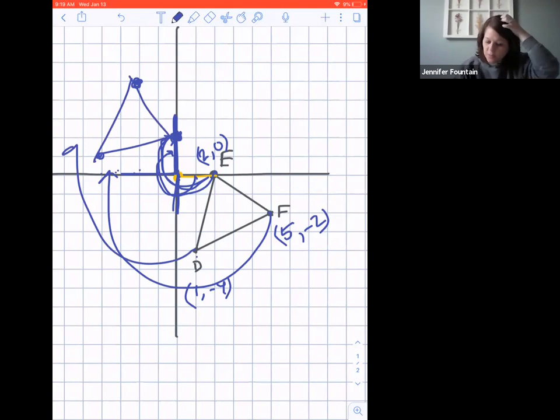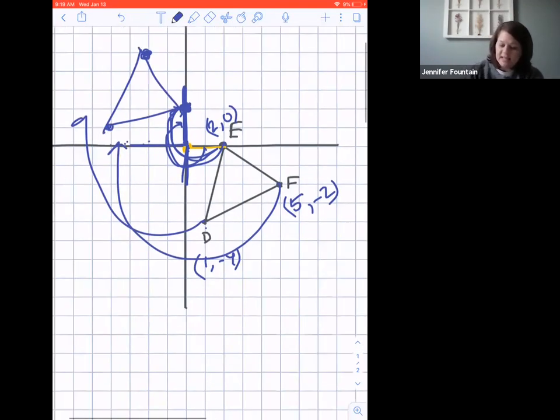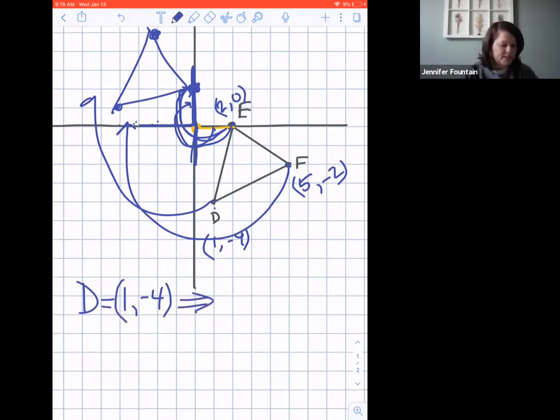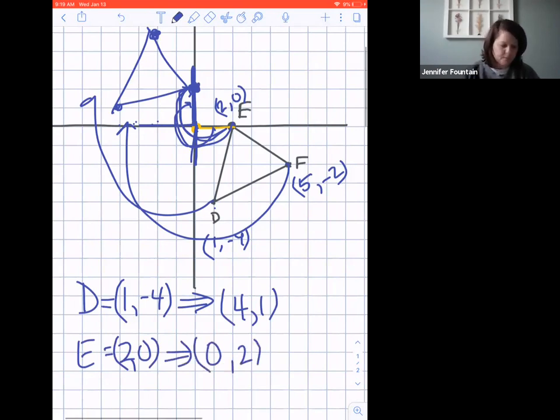Thinking about that movement, we'll start with D. D started out as 1, -4. And when it rotated 270 degrees, it became 4, 1. Then E started out as 2, 0, and it became 0, 2.